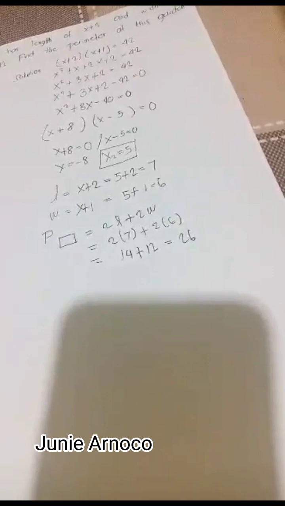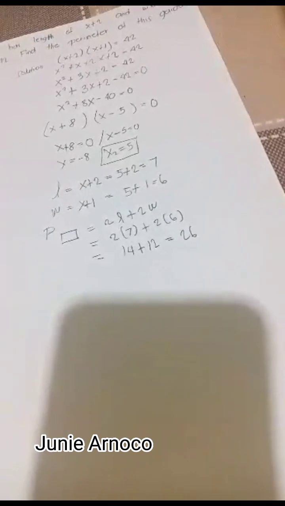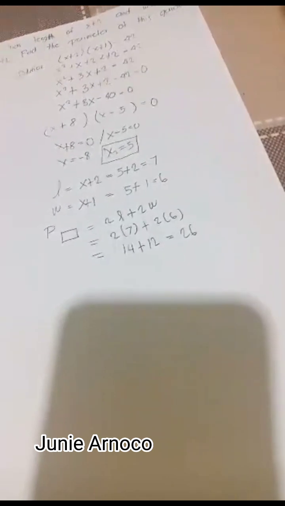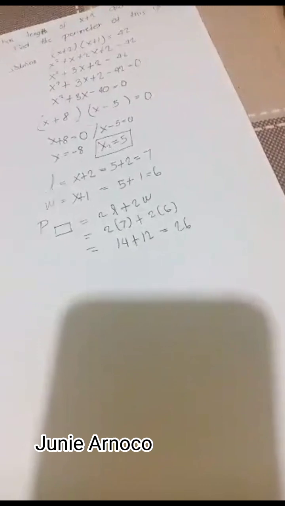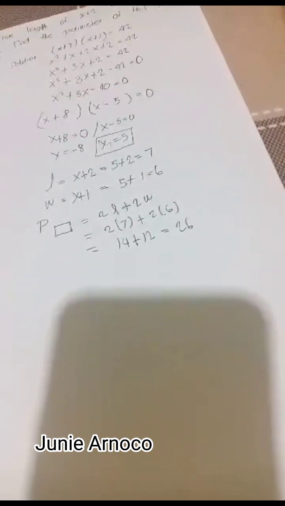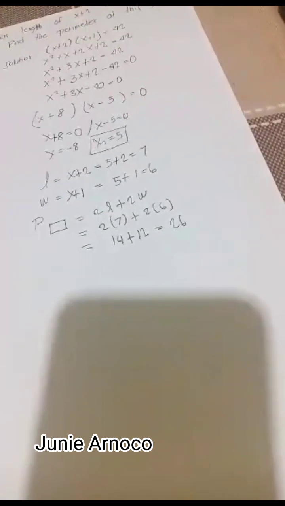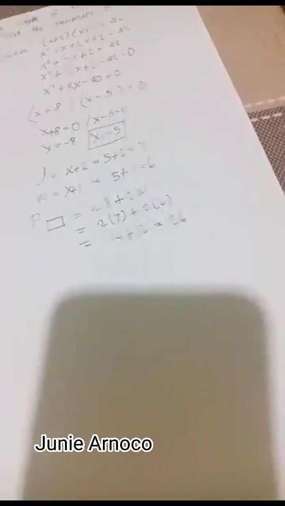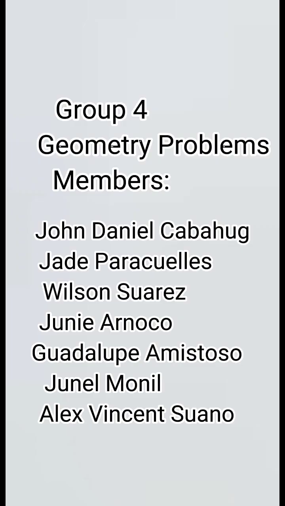Perimeter equals 2 length plus 2 width equals 2(7) plus 2(6) equals 14 plus 12 equals 26. That's all.